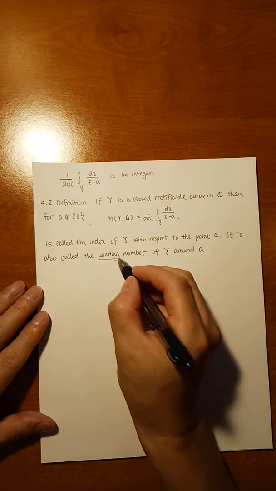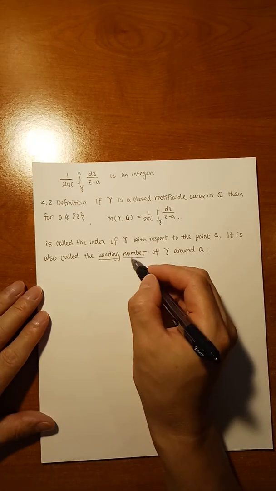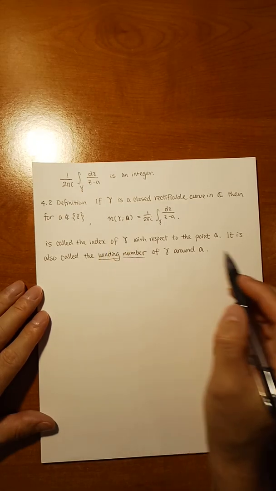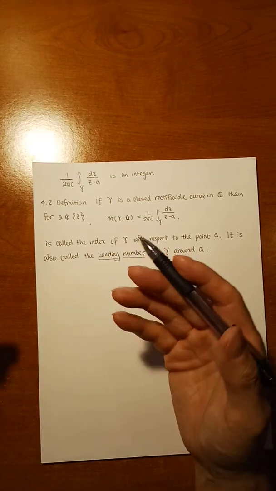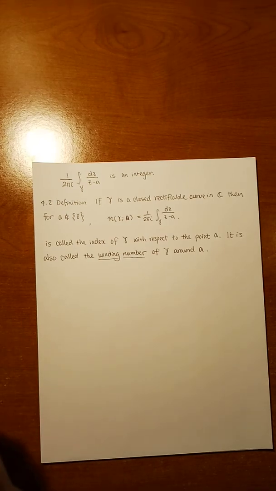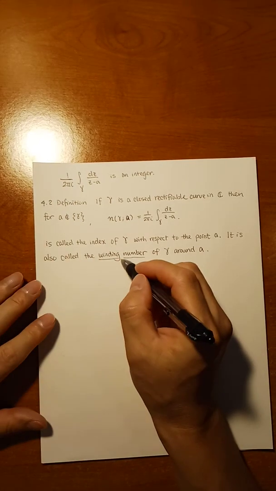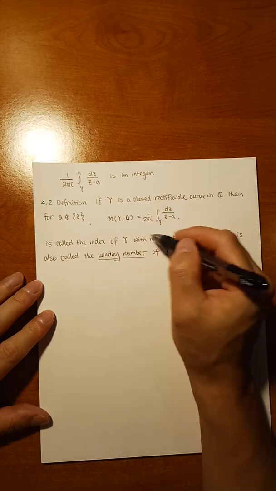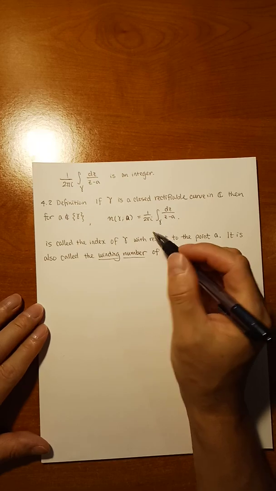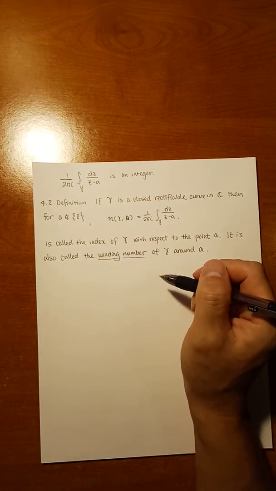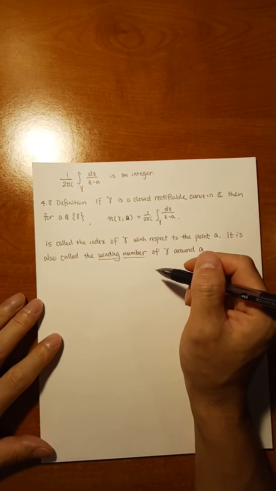So this is a winding number. You possibly see this name more often than the index, because the word index has a lot of different meanings in different subjects, but winding number is especially for this definition. Okay, this is the winding number of gamma around a.